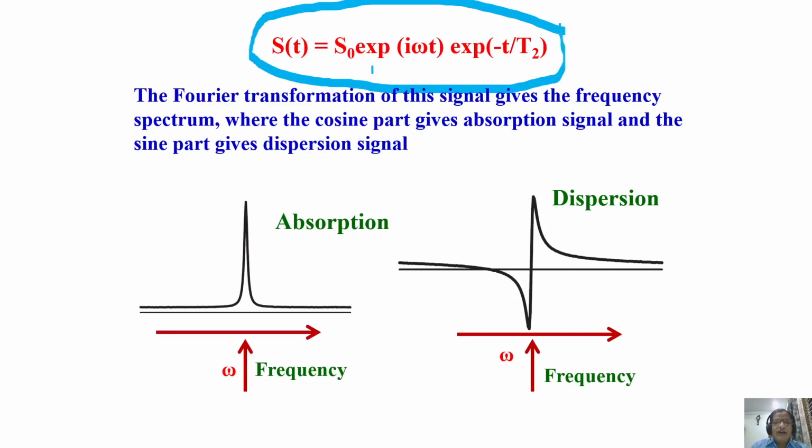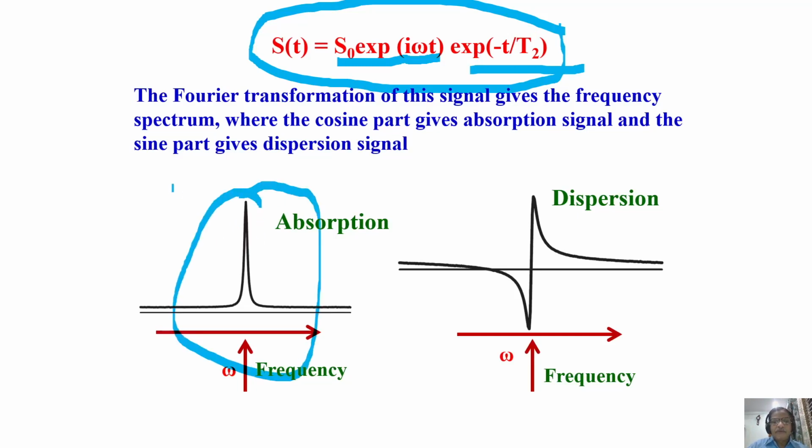The signal S(t) we detect in the xy plane, with both x and y axes combined together, is expressed as an exponential function, and we have incorporated the decay function because of T2 damping of the oscillation. Now Fourier transformation of this signal gives the frequency spectrum, with the cosine part pure absorptive and the sine part pure dispersive.